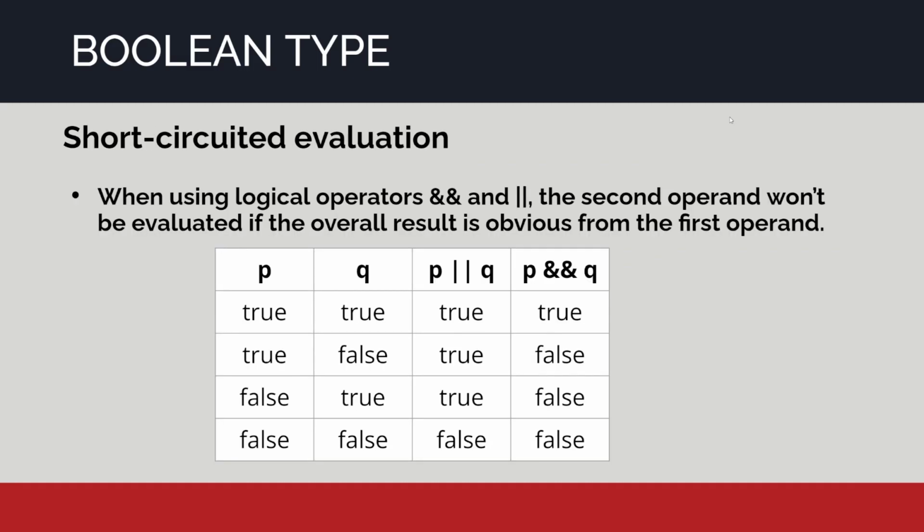Okay, so another really important concept to understand is short-circuited evaluation. I guess if we look at this table, it helps us to understand. If I was to say to you, here are 2 candy bars, and maybe there was a defect from the factory, and the labels didn't get printed right, and it's just a white label on each candy bar, and I said, let me know if there's nuts in either one of those.